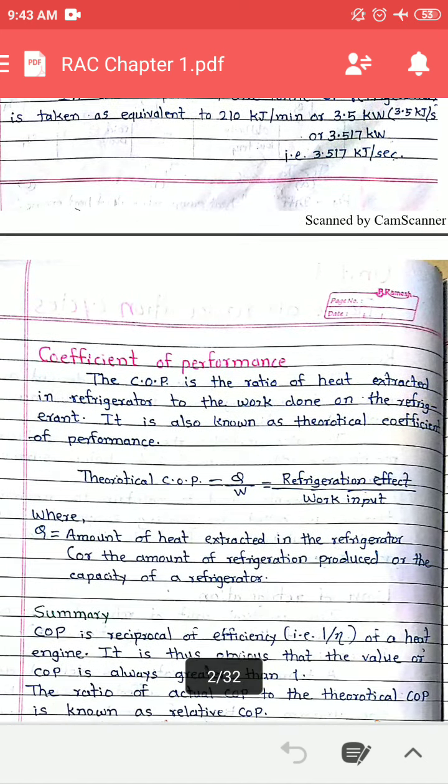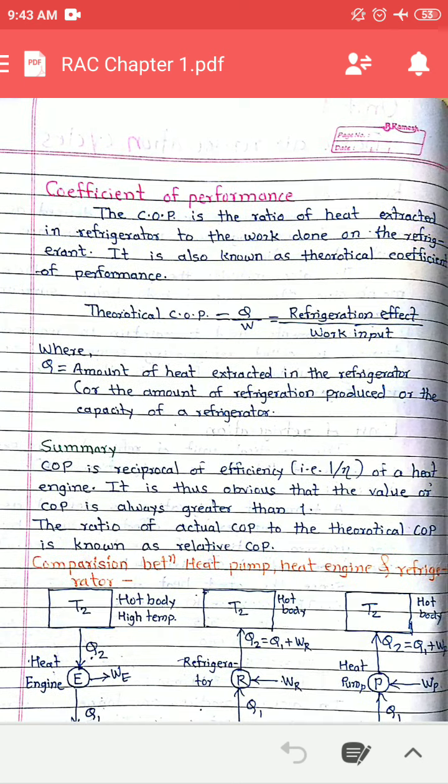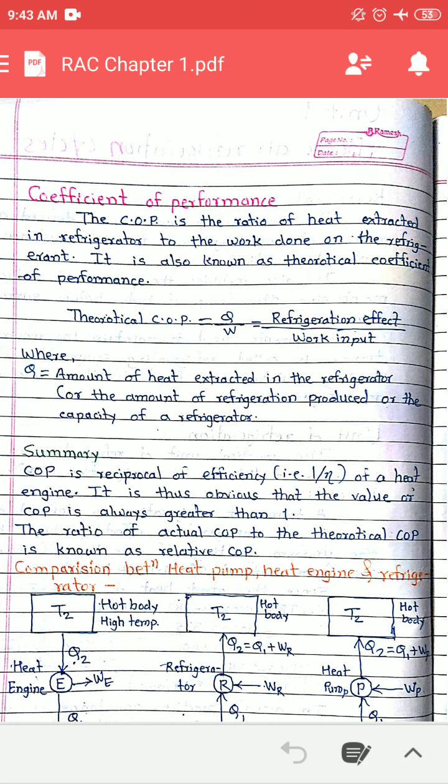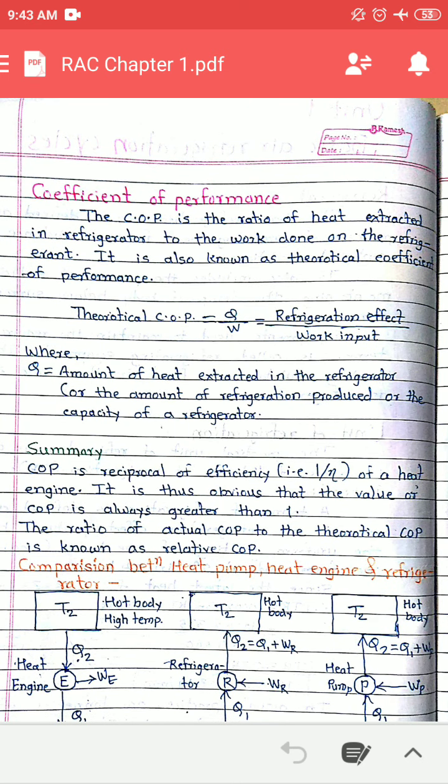Today we will discuss the coefficient of performance and the comparison between the heat pump and heat engine. For a heat engine, performance is considered by calculating the efficiency; turbine performance is calculated by overall, mechanical, or volumetric efficiency.